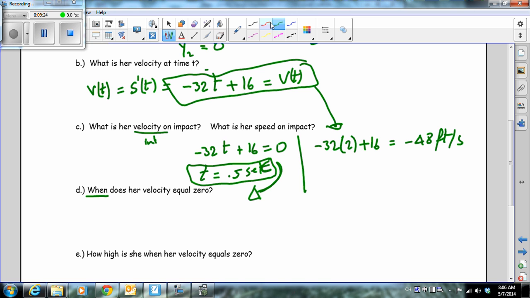If you see a value that is negative, obviously it's the velocity. Compared to the absolute value of that negative 48, which is 48, and this is the speed. And they're both in feet per second, by the way. We answered this question already because that was when.